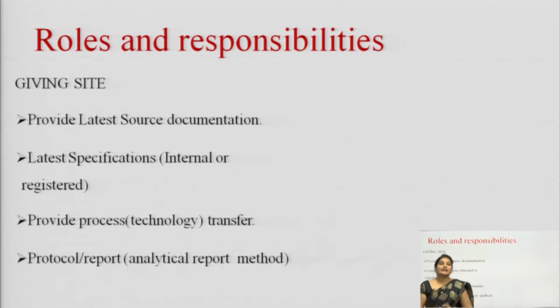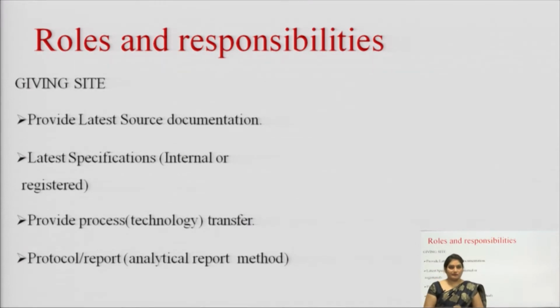To provide the latest source documentation. The sending unit has the responsibility to provide the latest information regarding the process, the product, and the latest specifications, internal or registered. It is the responsibility of the giving site to provide all the latest specifications related to the product.